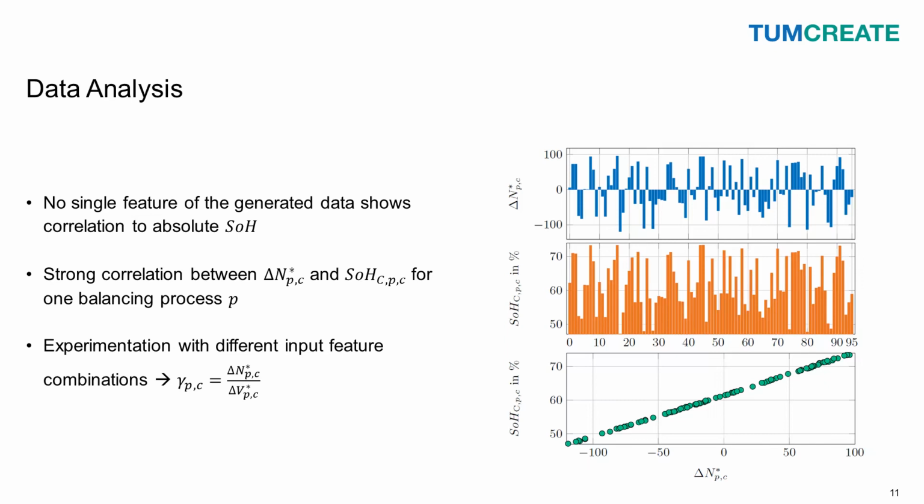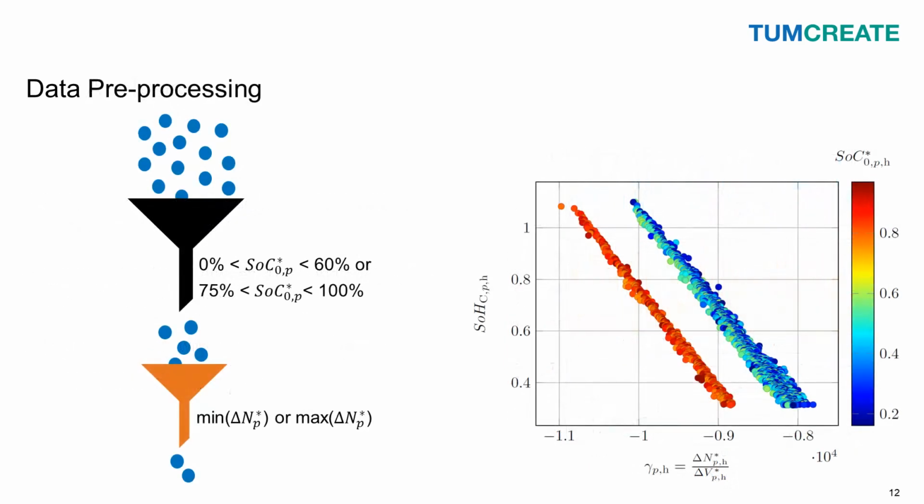Of course, every balancing step in itself changes the voltage only a tiny amount, barely measurable, so we do it over the entire balancing process. We found a very, very strong correlation here. If the SOC is in the middle range, then this curve gets flat and we can't extract much information. So in our data pre-processing, we extracted the ones which are below 60% and above 75%.